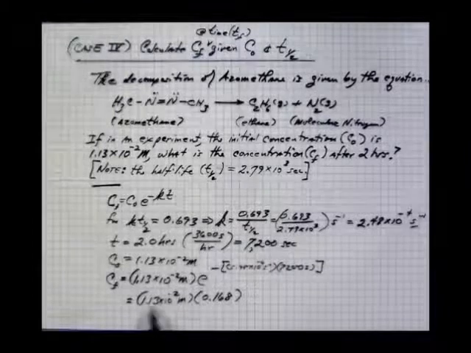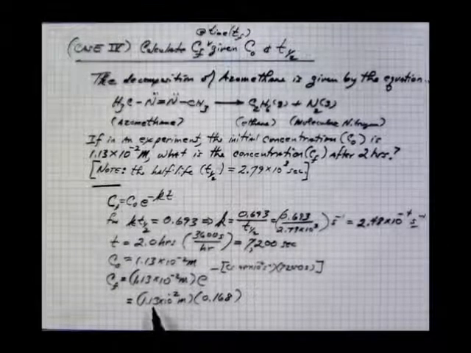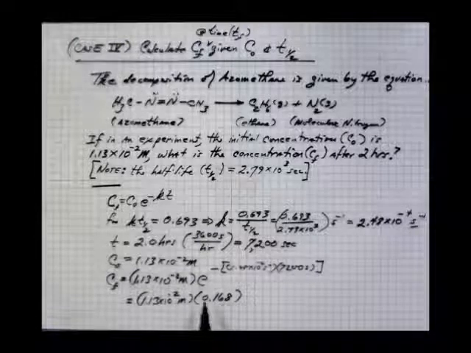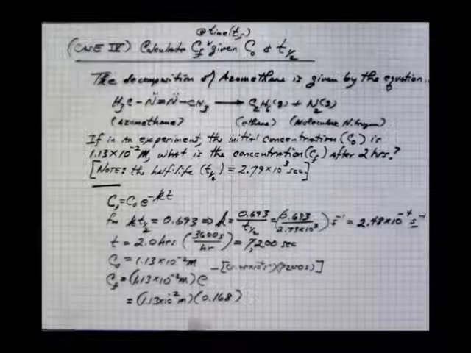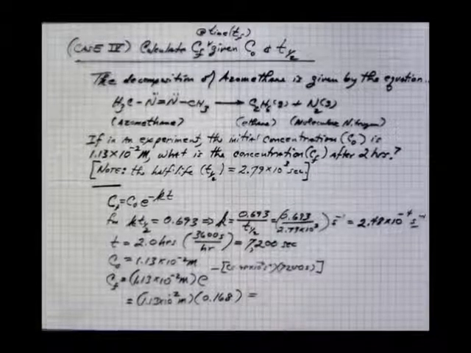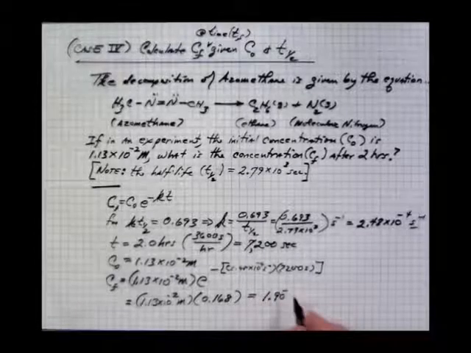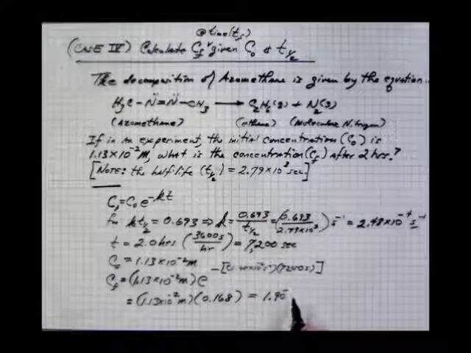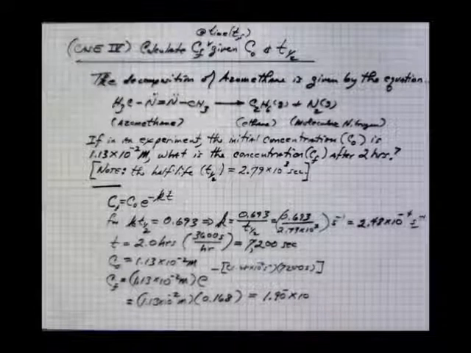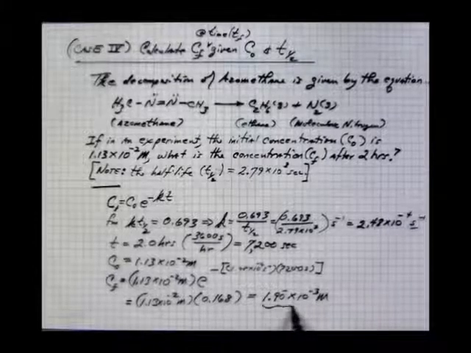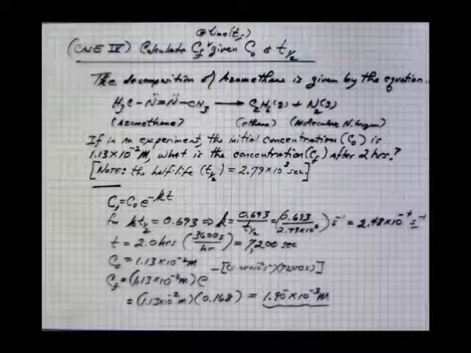So the initial concentration will be decreased to 0.168 of its original amount, and that comes out to be 1.90, 3 significant figures, times 10 to the minus 3 mole per liter.